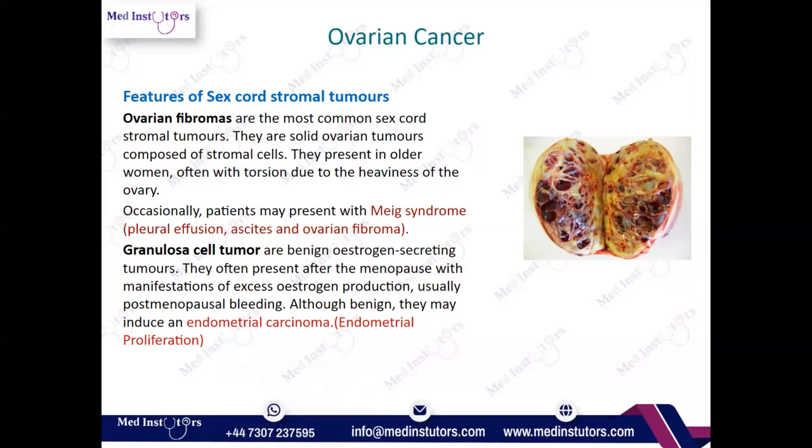So the effect on the endometrium will be an increased risk of endometrial hyperplasia, which may later on increase the risk for endometrial carcinoma. Yes, excellent. That's the perfect answer. Well done. Since they are estrogen secreting tumors, they lead to the proliferation of endometrium, and this proliferation leads to hyperplasia, and that hyperplasia may lead to endometrial carcinoma.